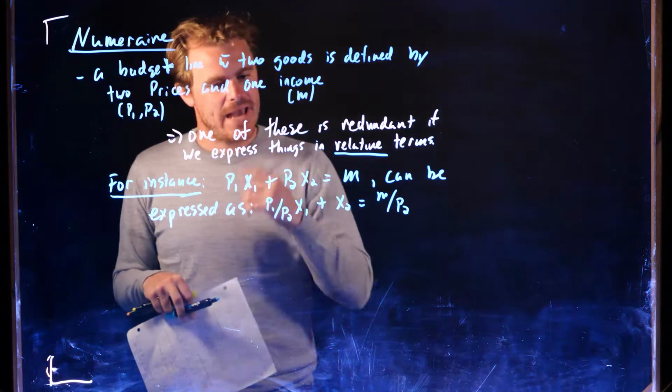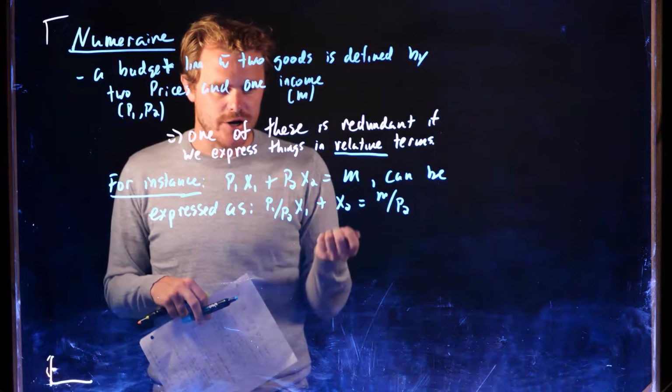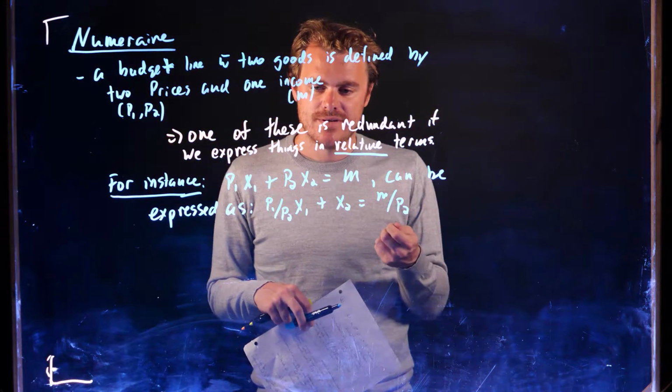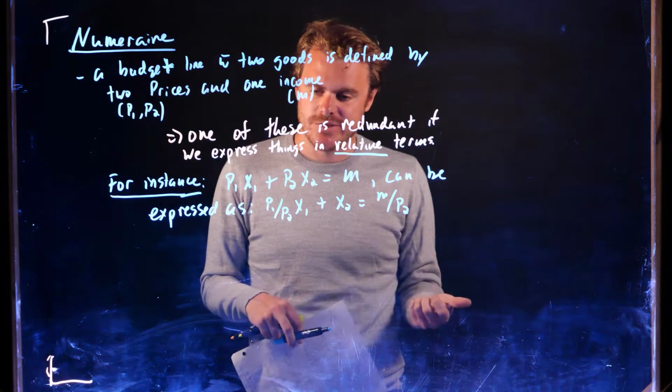So if we make x2 the numeraire good, everything is going to be relative to the price of x2.